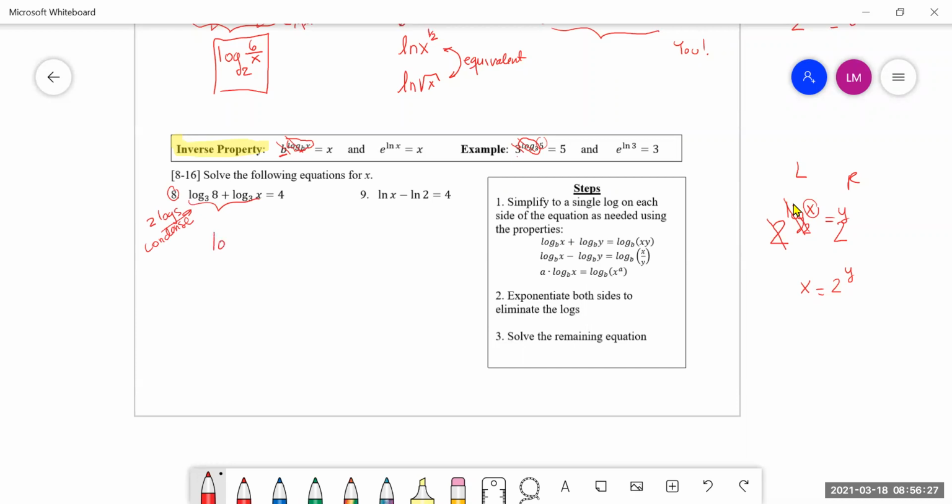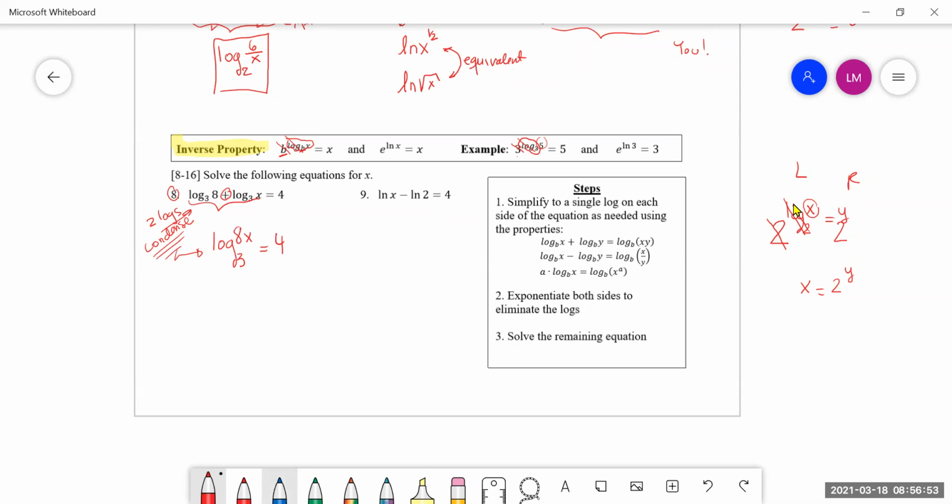So I can condense it into log base 3 of 8 plus x. An addition becomes multiplication, so 8x equals 4. At this point, all I did was condense. I didn't use anything else. I just used the laws or properties of the logarithm to condense.